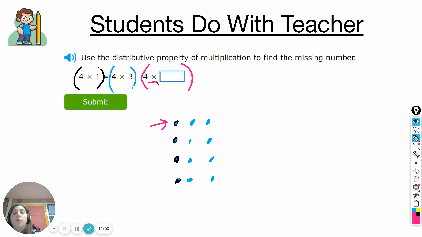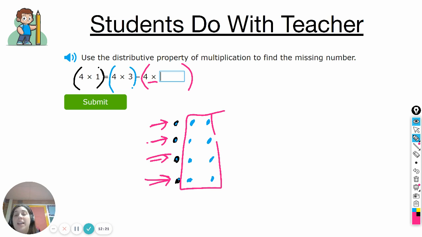We took away 4 rows of something. Okay, and here's our 4 rows. 1, 2, 3, 4. What did we have to take away to get to just the black dots? Well, if you look here, we had to take away all those blue dots to end up with just the black dots.